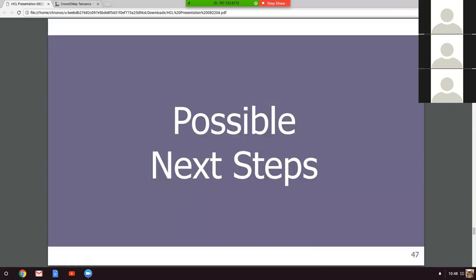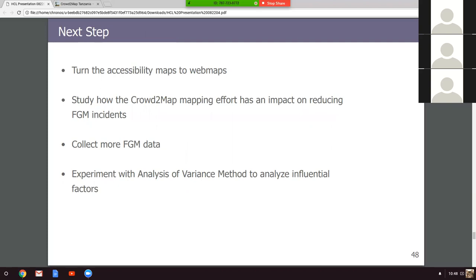Here are several possible next steps for this project. The first one is we can turn the accessibility map into web maps, so people can zoom in and out freely.